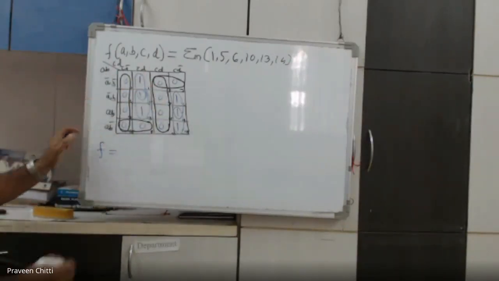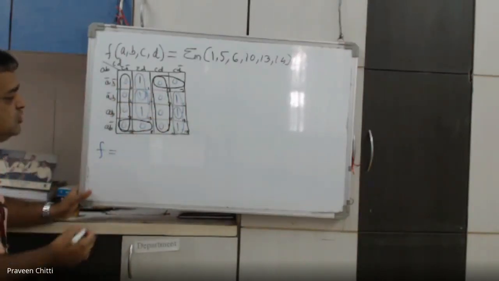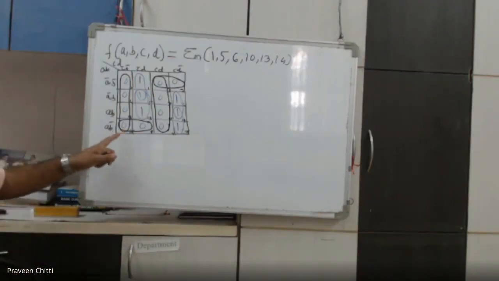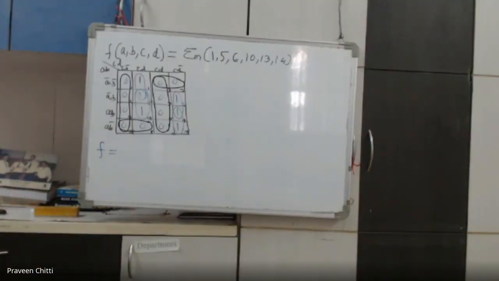Whatever grouping you have got, you write the corresponding product term for that. Can you tell me the product term for this group of zeros? CD? What is the product term corresponding to the first group of zeros?